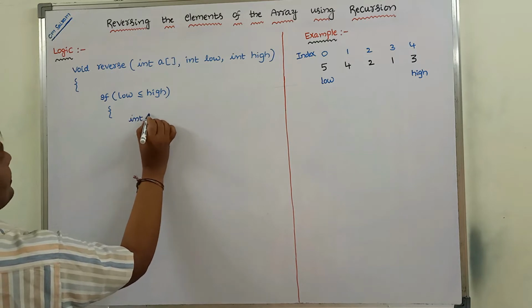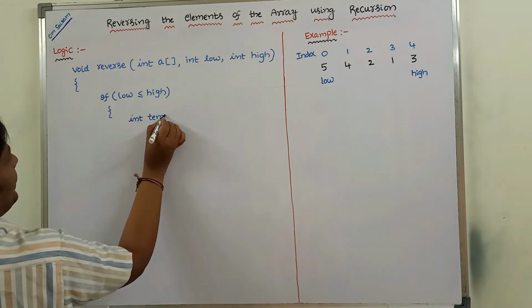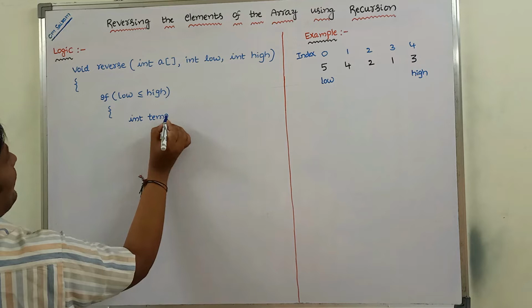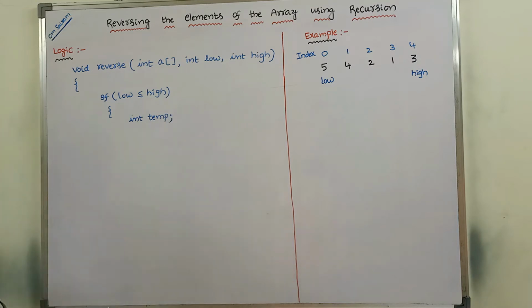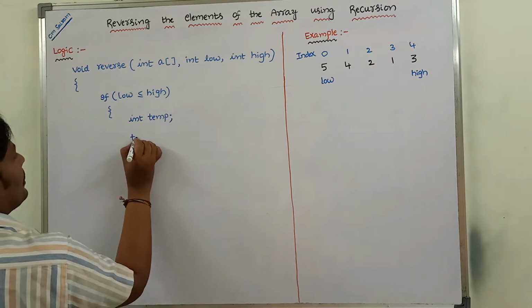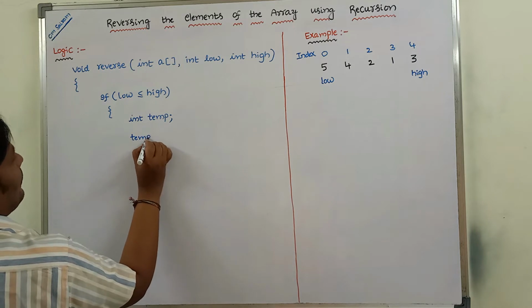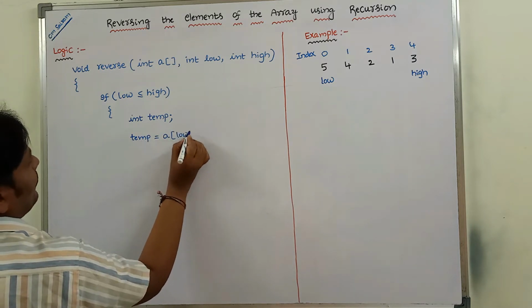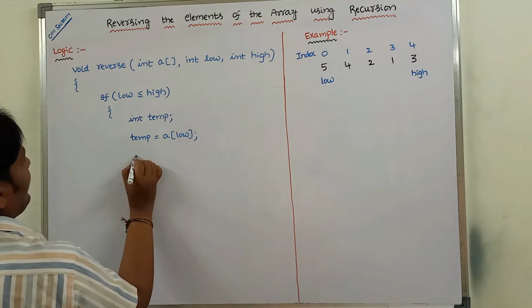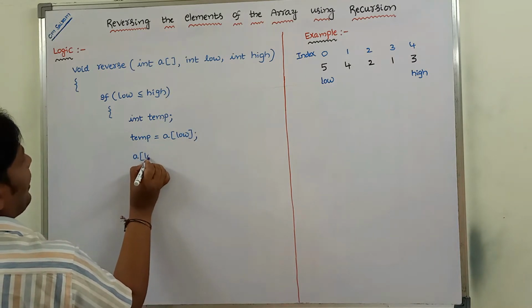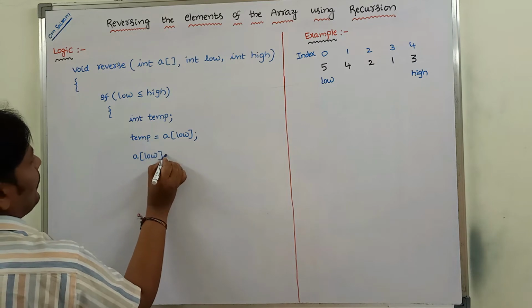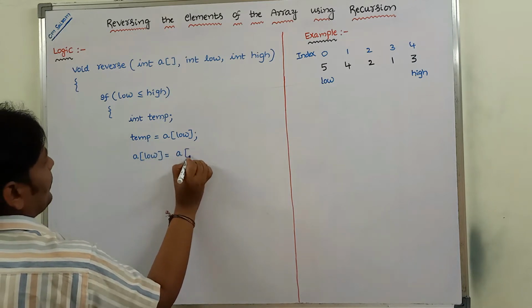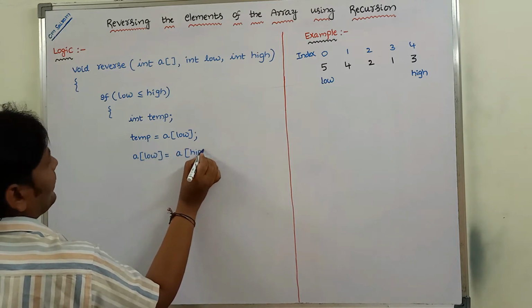Here int temp. Now temp is equal to A of low. Next one, A of low is equal to A of high.